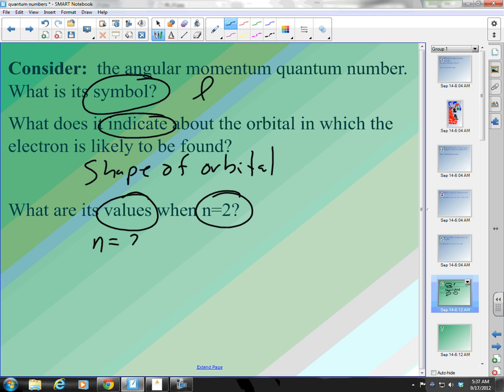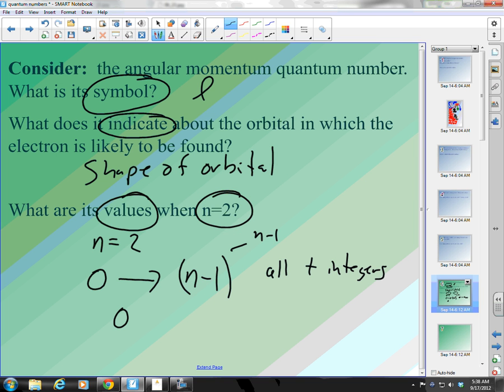We start at 0, we go to n minus 1, and we use all positive integers. So 2 minus 1 is equal to 1. So when n is equal to 2, we have two quantum numbers.